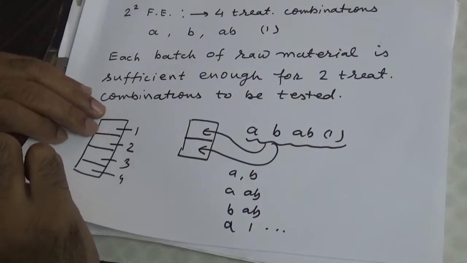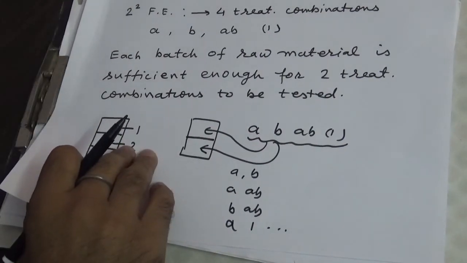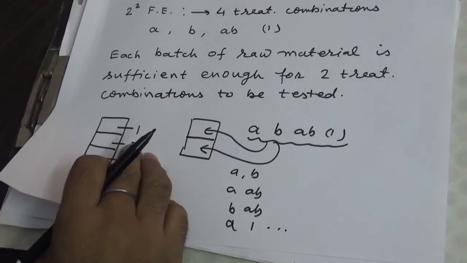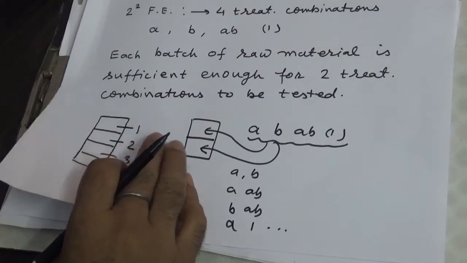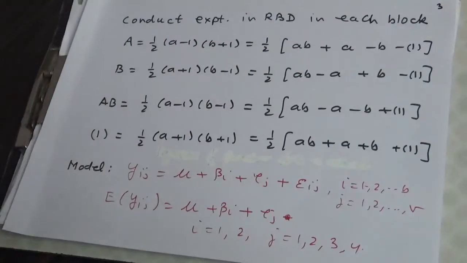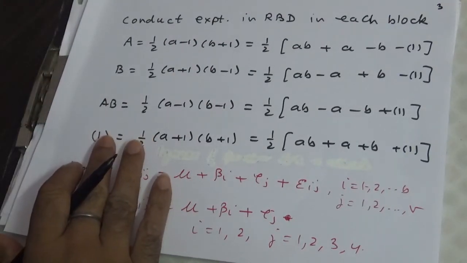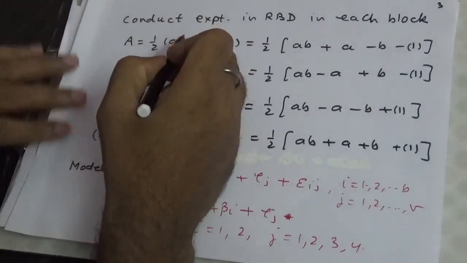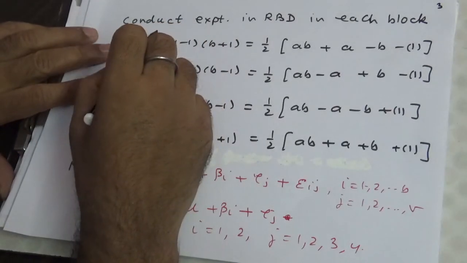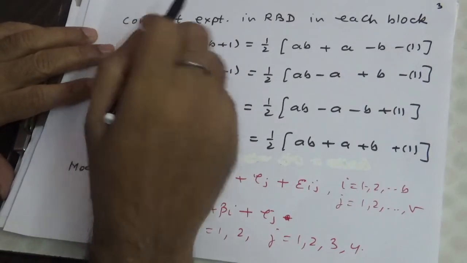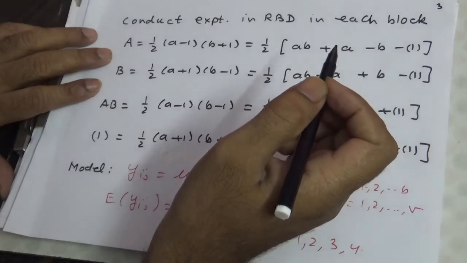So what we try to do here is the following. First, you try to recall what we have done in the earlier lectures in the case of factorial experiments. Suppose we conduct this factorial experiment in a randomized block design. Right.